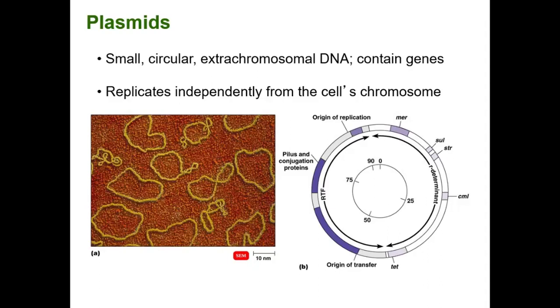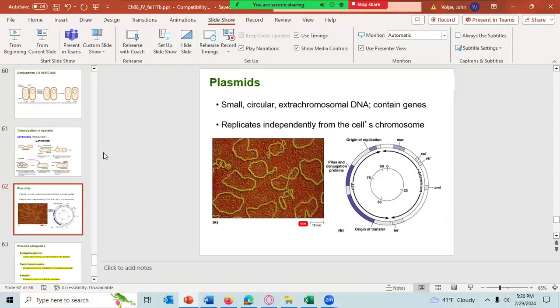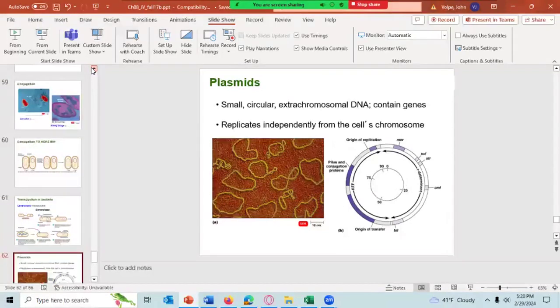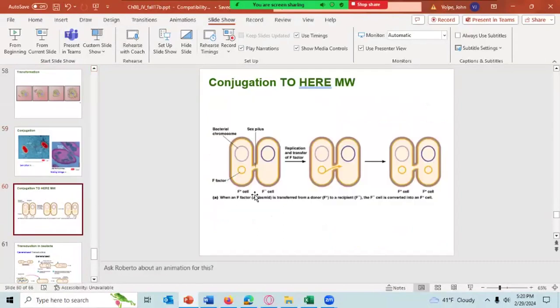The plasmids can replicate independently of the cell's chromosome. And I actually showed you that before when we were talking about the F plasmid replicating. Where is it? Right here. That plasmid replicated, went into that cell. The chromosome did not replicate.